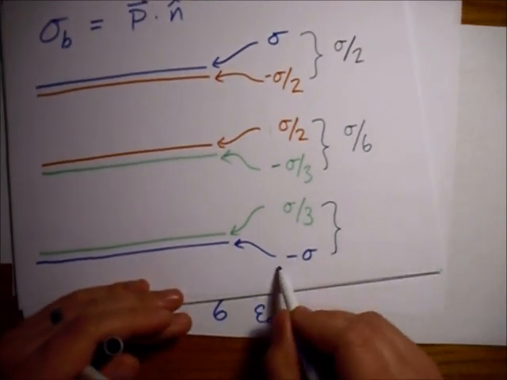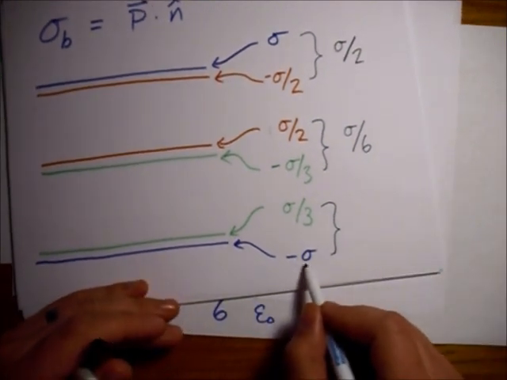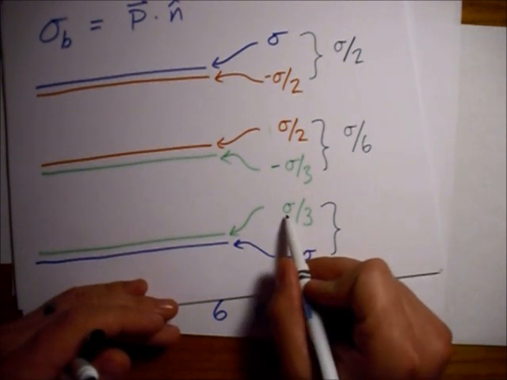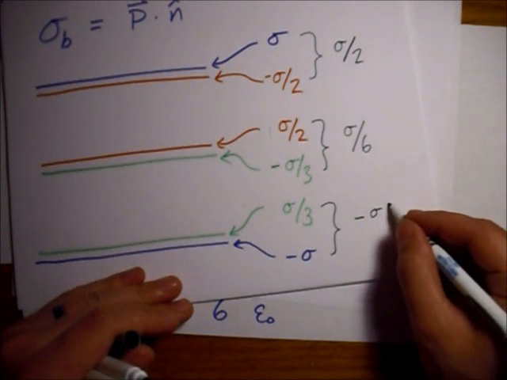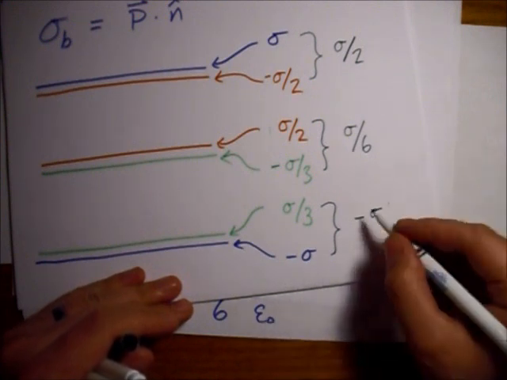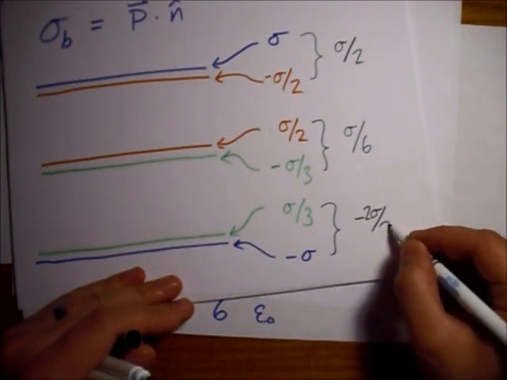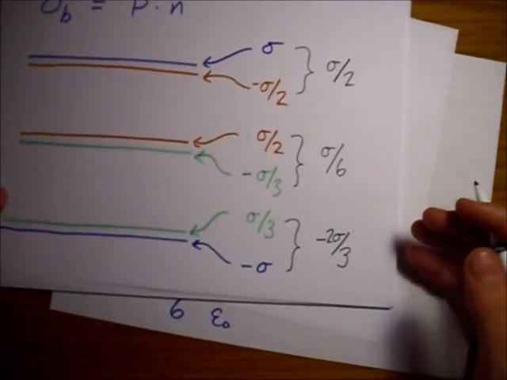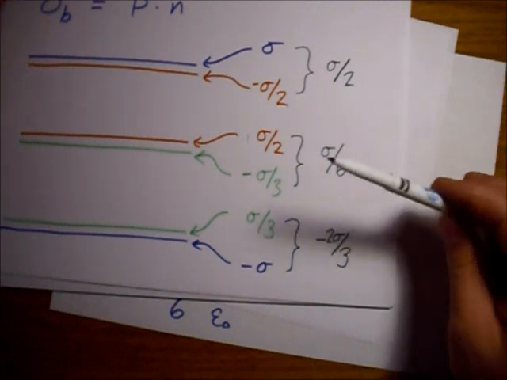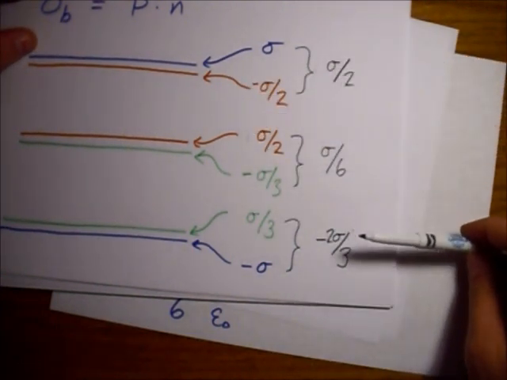And then down here, we have a minus sigma plus a sigma over 3. So that's a minus sigma minus 2/3 sigma. Does this all make sense? For one thing, all of these should add up to 0.